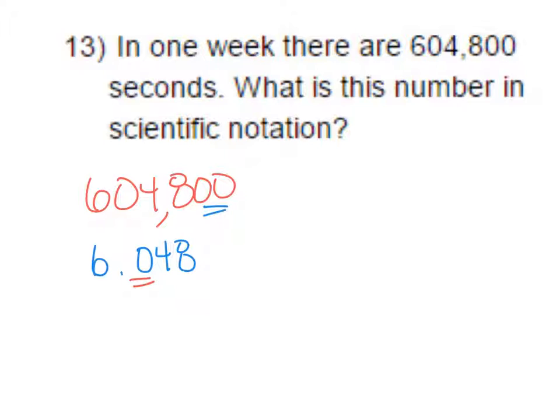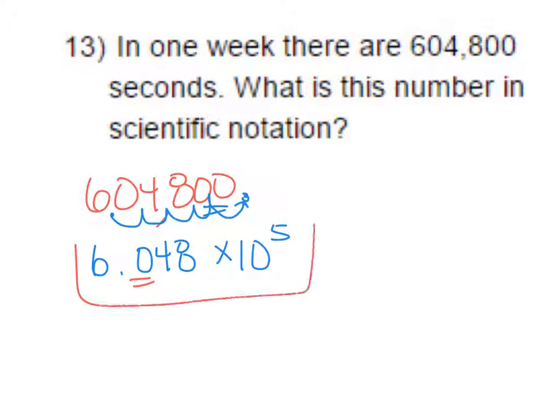So we put our decimal point in the correct spot. Times 10. Every single time scientific notation is times 10. Now to get our decimal point back from here to the end of the number where it's supposed to be, we need to move it 1, 2, 3, 4, 5 places to the right. A positive 5 is the exponent that's going to do that for us. There's our number in scientific notation.